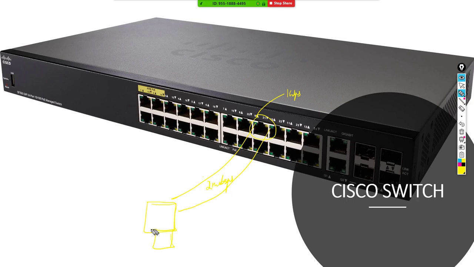Now this user is going to get only 2 Mbps, not 1 gigabit per second, because your cable supports only 2 Mbps of data transfer. That is why as switch ports advanced, even the cables launched were advanced.